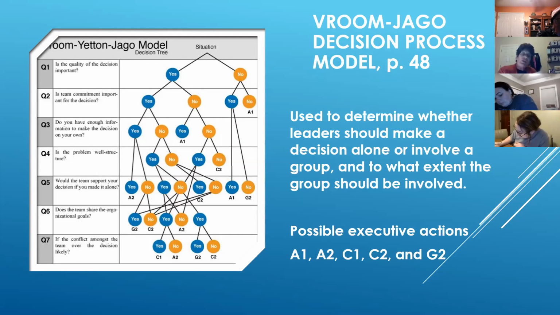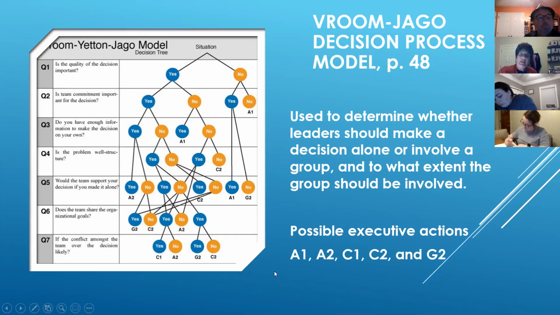So you can just kind of work your way down. These are the questions you ask yourself as you're moving through the process, and these are the answers, when given, tells you what type of decision is best to make.